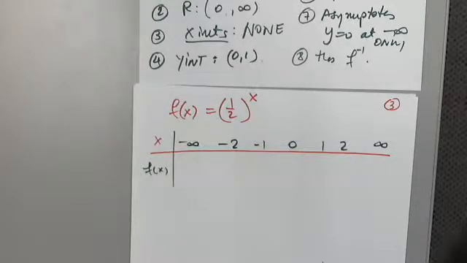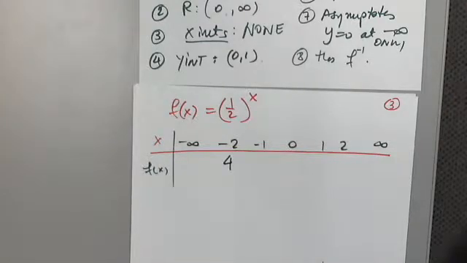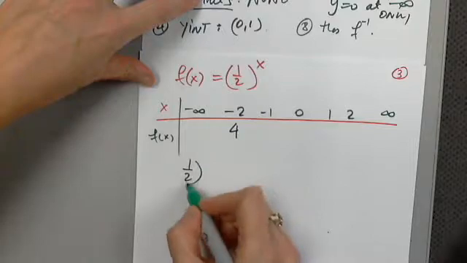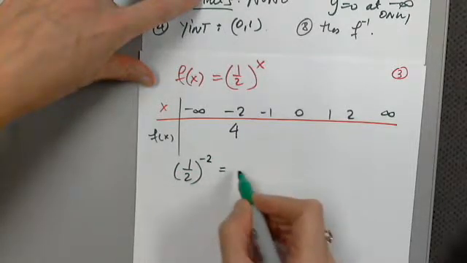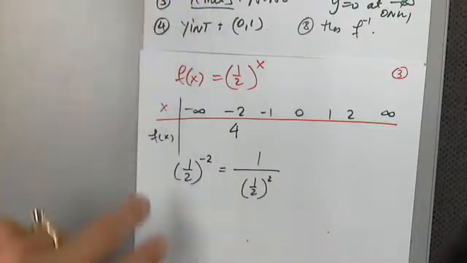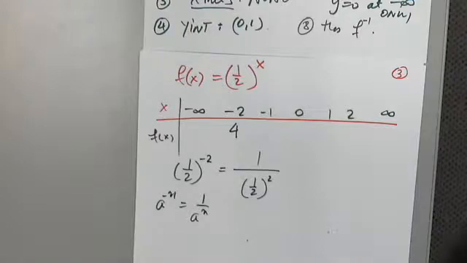Good. So it's 4 indeed. Do I need to show how we get 4? Or we understand that we get 4? It's okay if you say show me. Very good. That's okay. So if I have 1/2 raised to -2, I have 1 over 1/2 squared. By the rule, a to -n equals 1 over a to the nth power.